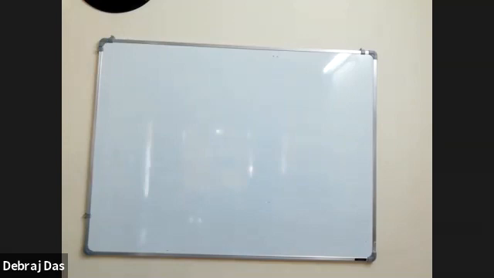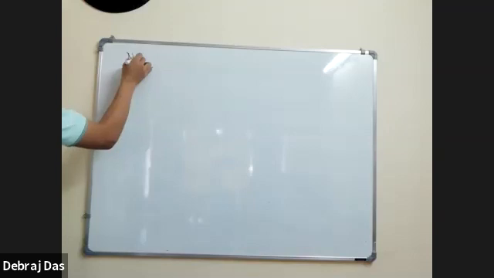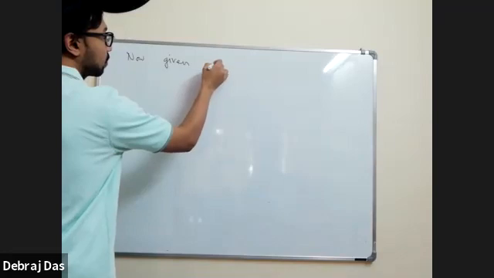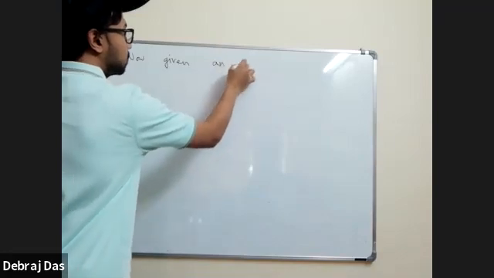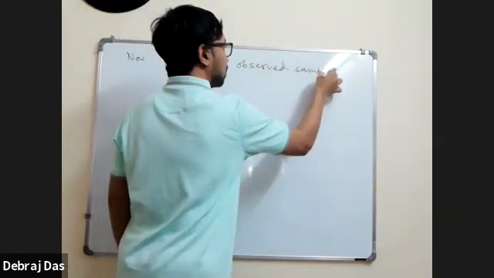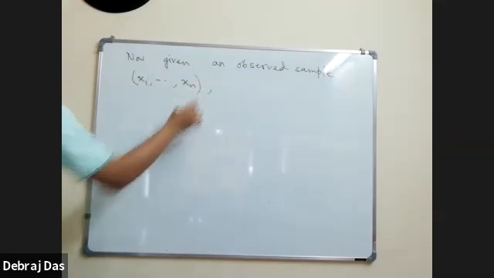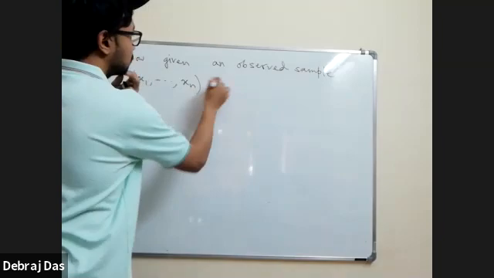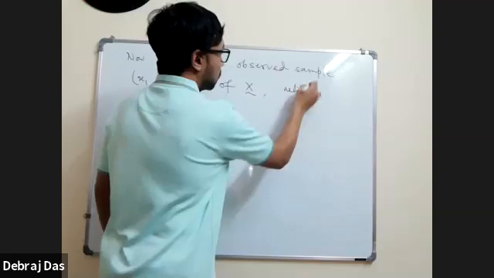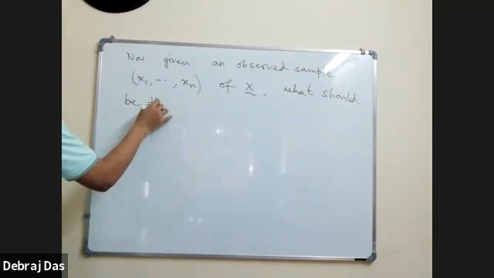Okay, so now, given an observed sample of X curve, what should be the first step?